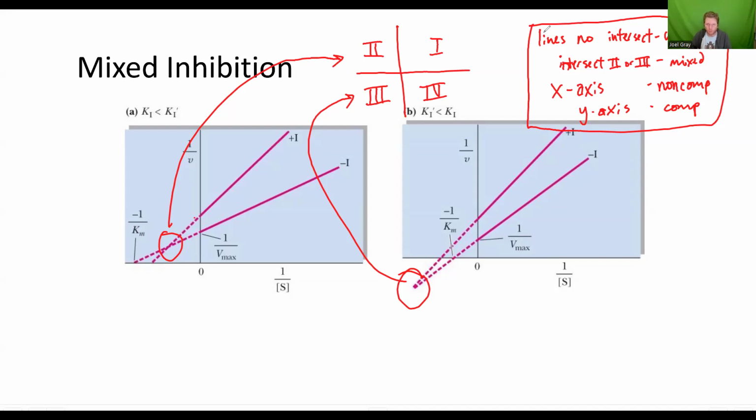Now, one of the things that I want to stress before we proceed is these are looking at the plots.